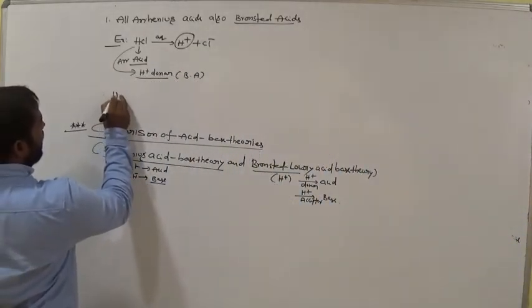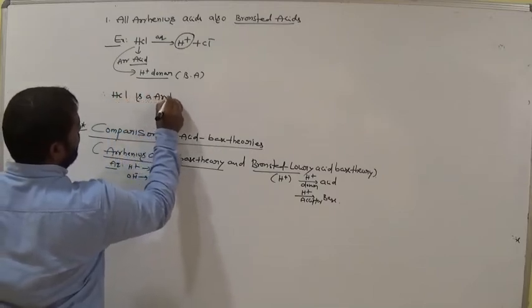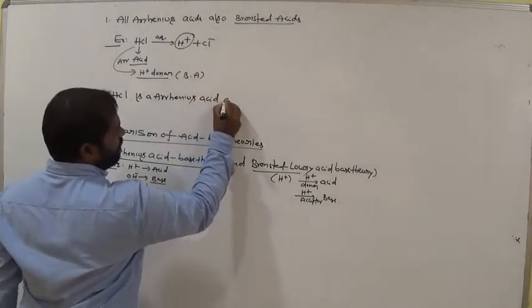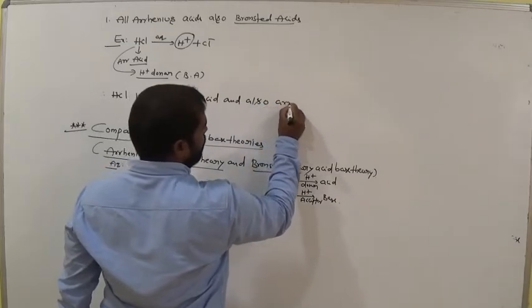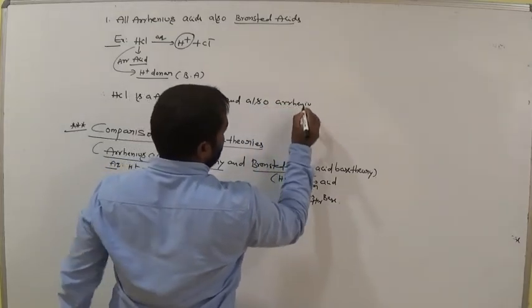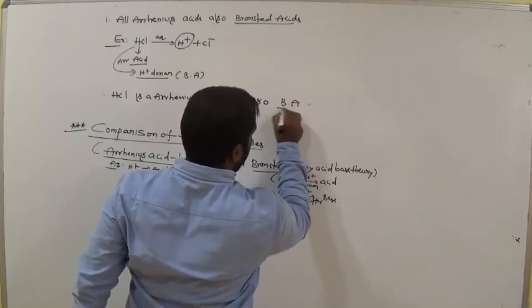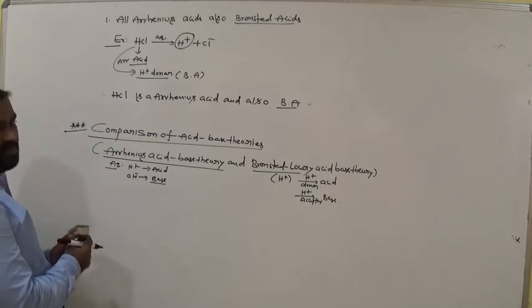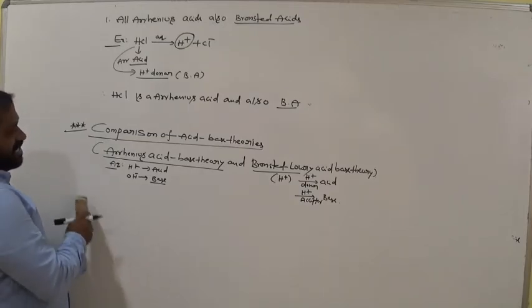Therefore, HCl is an Arrhenius acid and also a Bronsted acid. B.A. means Bronsted acid, not Ba. Is it clear, ma'am?